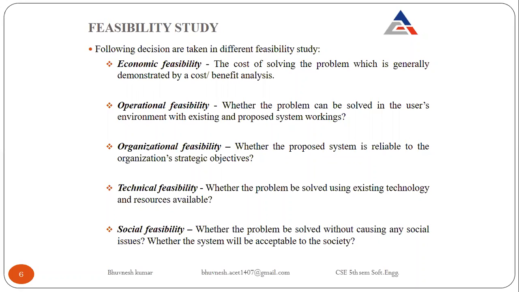Zoom is also software, developed by the Zoom organization, and we are using this application, and it is easy to use. It means organizational feasibility should be there. If we are using it in college, it is easy to use. We can use it properly, without any problem or technical issues.